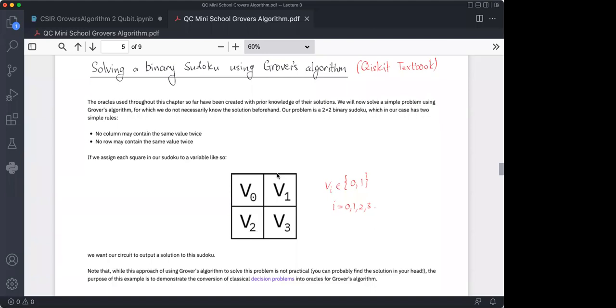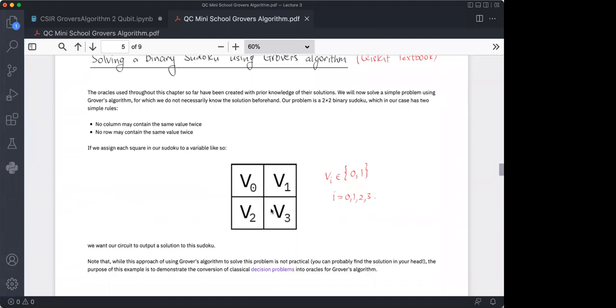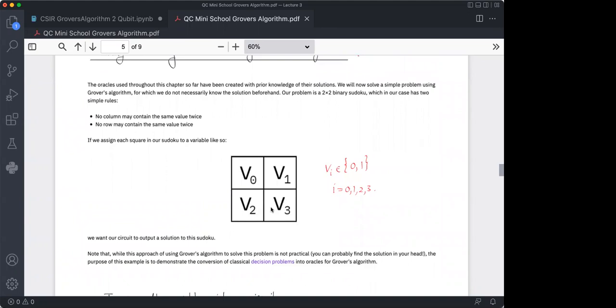And we want to solve this. Of course, this is a very easy problem to do in your head. Clearly the solution is to use the diagonals, so you go 0, 0, 1, 1, or 1, 1, 0, 0. Off the top of my head, I can see the solution.